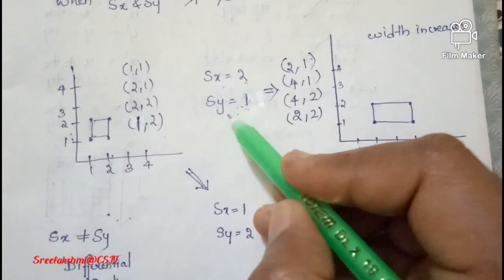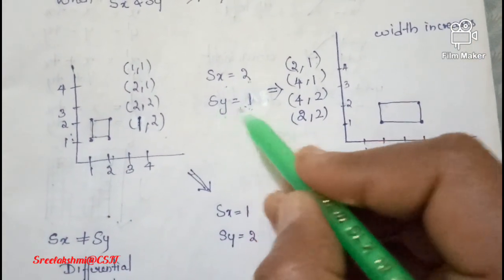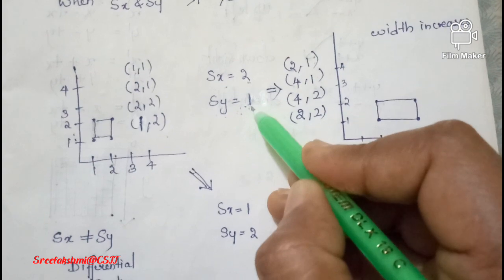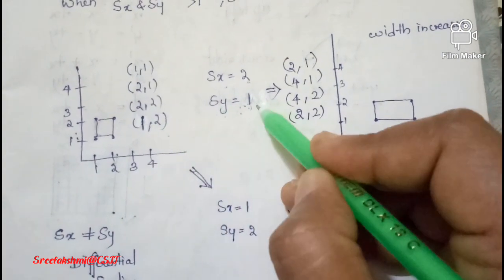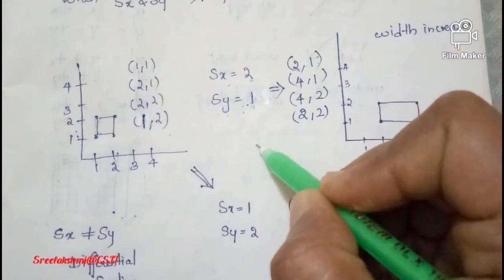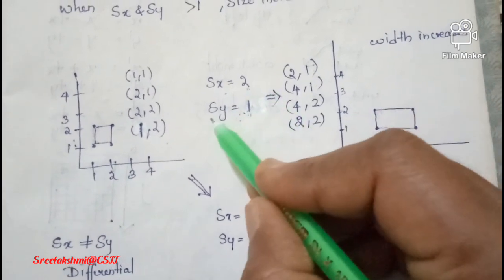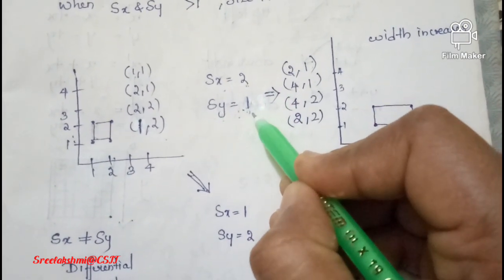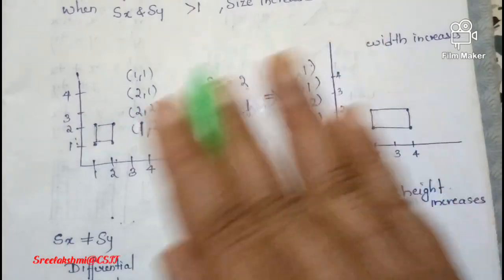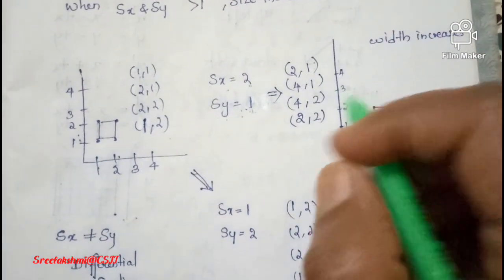This is because the scaling parameter Sy was 1. When you multiply the value with 1, you will get the same value. So this means when Sy equals 1, it indicates that there is no change in vertical direction.